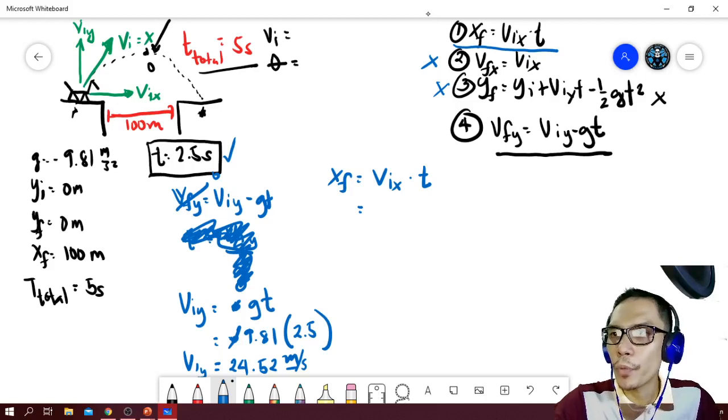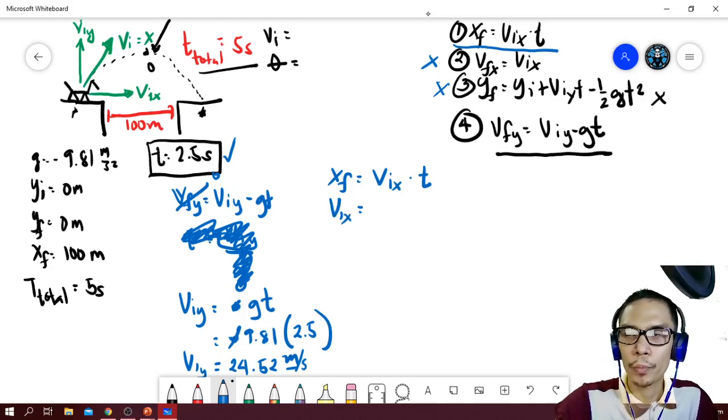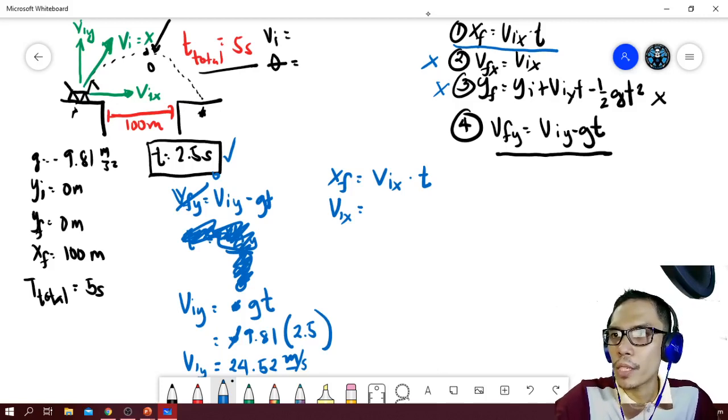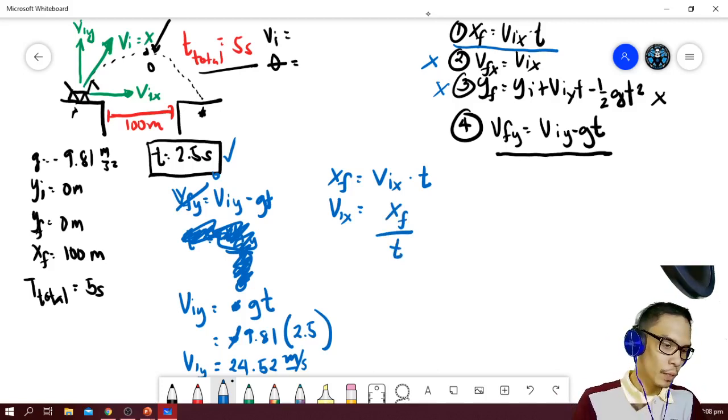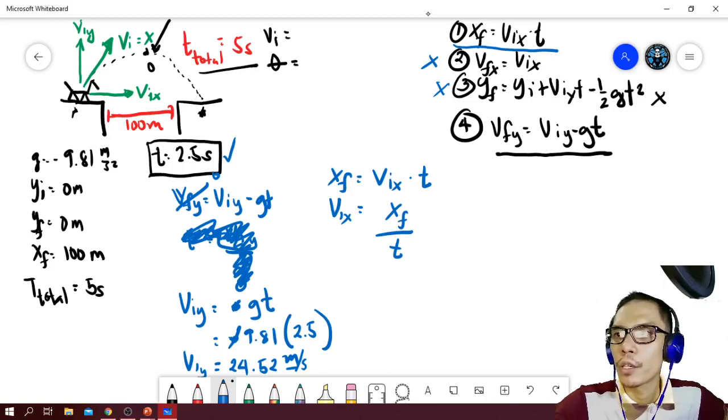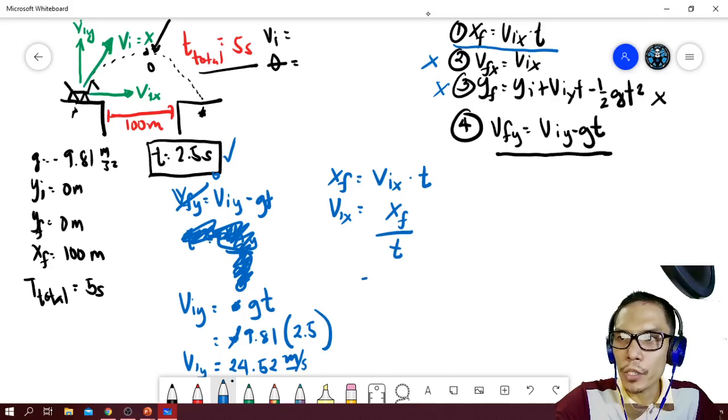Now we will compute for the v sub ix, which is the one that we need to compute. So we have v sub ix equals x sub f over t. There you go.